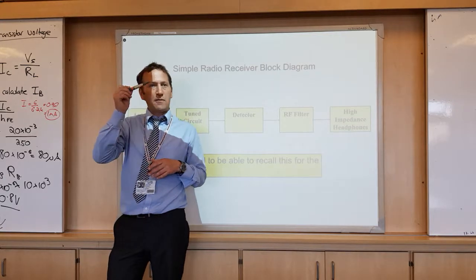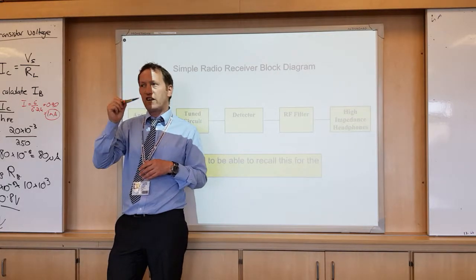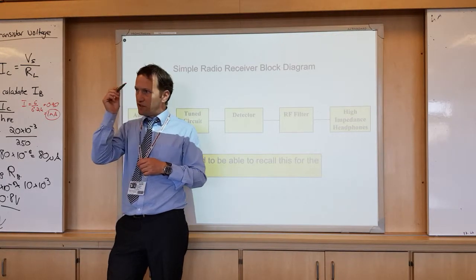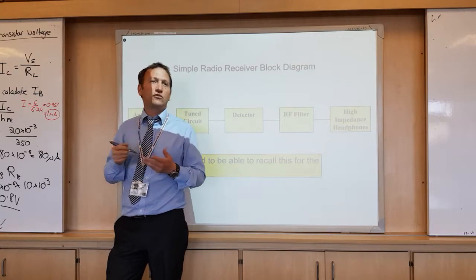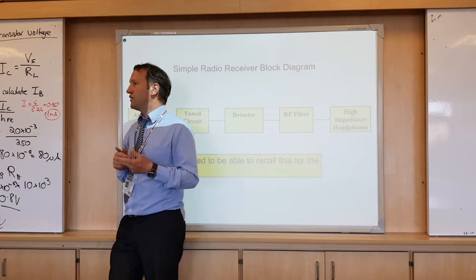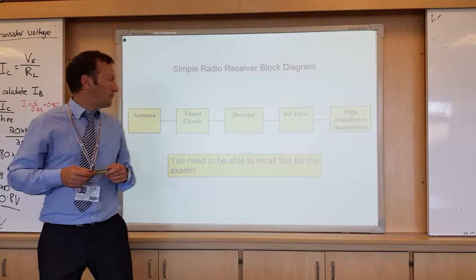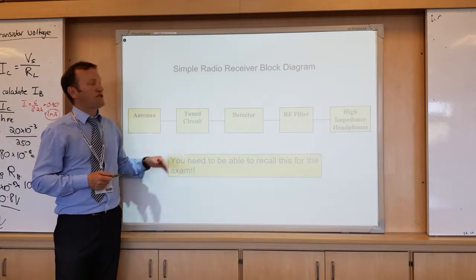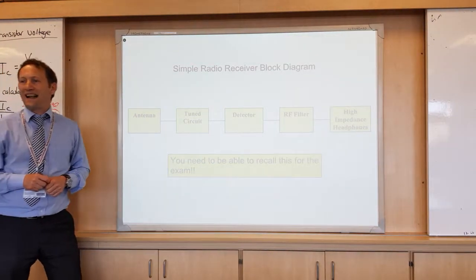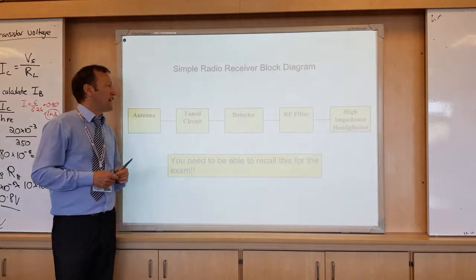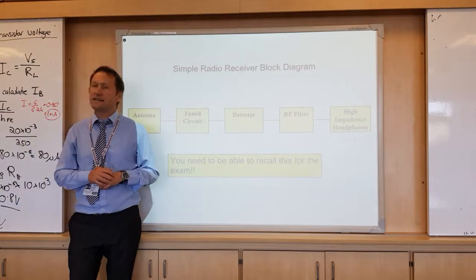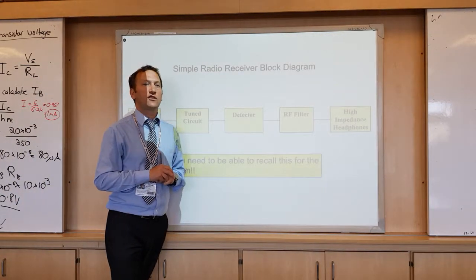Those electrons vibrate and move due to the radio waves. Those vibrations of the electrons are electrical currents, which are then converted to voltages and effectively fed into the tuned circuit, which is a band pass filter, which has a variable capacitor and a fixed inductor.